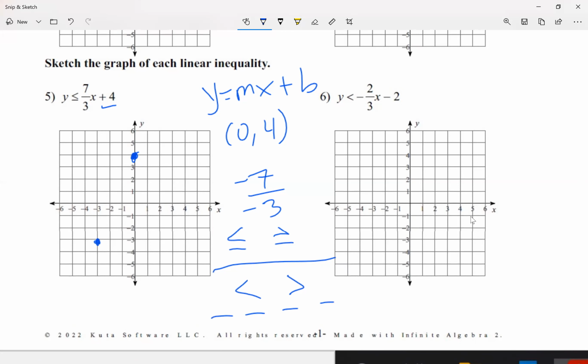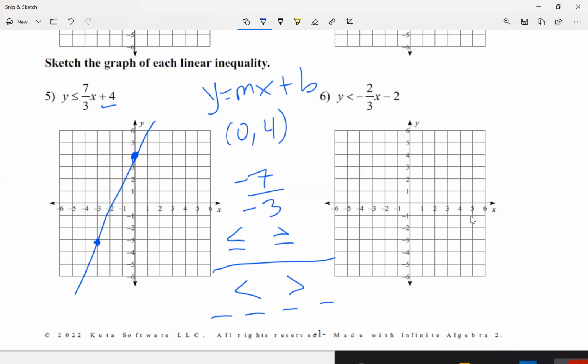In question number 5, I'm going to connect this as a solid line because my inequality has that or equal to part. Any point on this line will make my statement true.